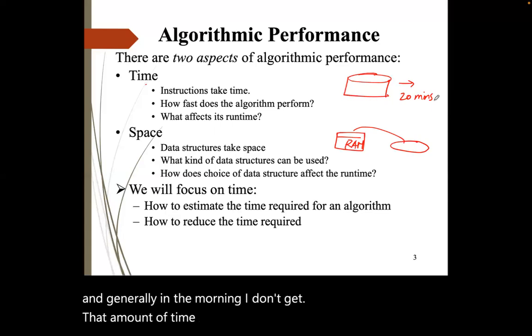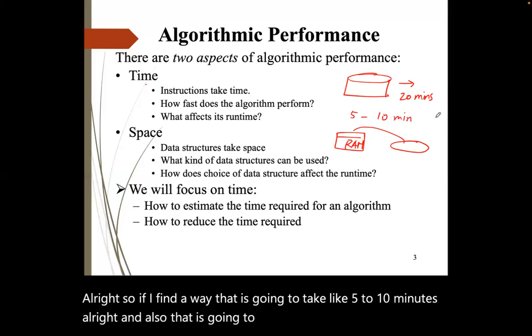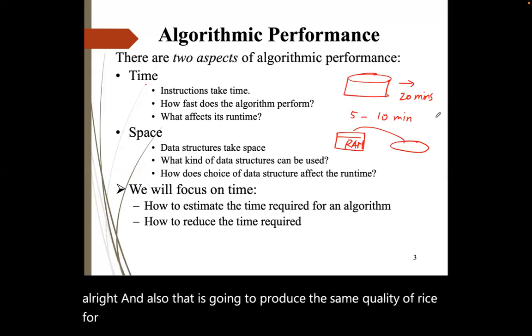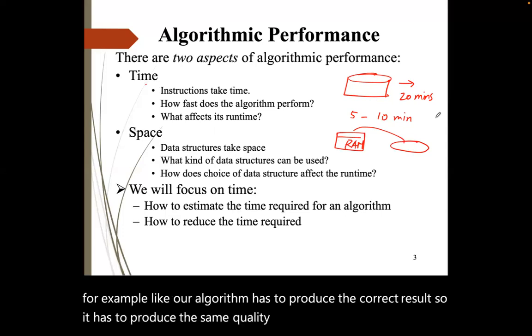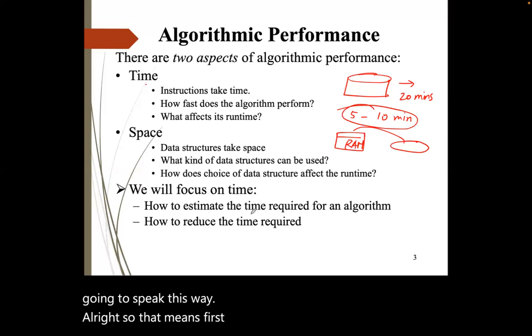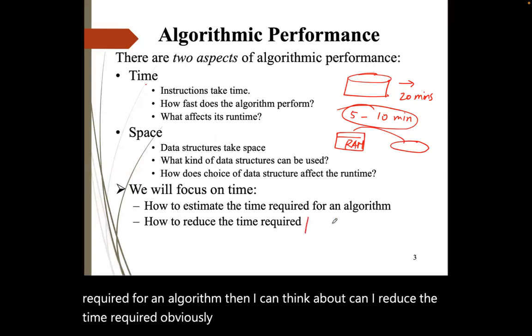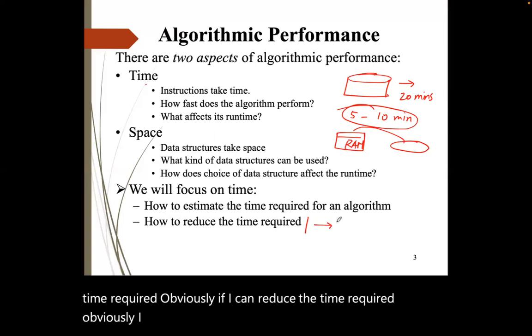If I find a way that takes 5 to 10 minutes and also produces the same quality of rice, just like our algorithm has to produce the correct result, then obviously I'm going to pick this way. That means first I have to know how to estimate the time required for an algorithm. Then I can think about whether I can reduce it. Obviously, if I can reduce the time required, I can say this is a better approach.